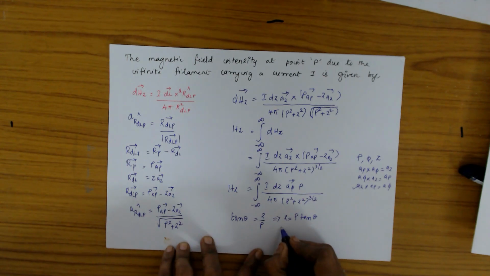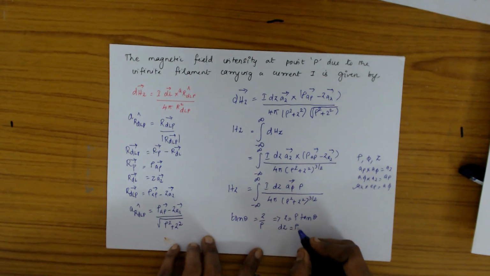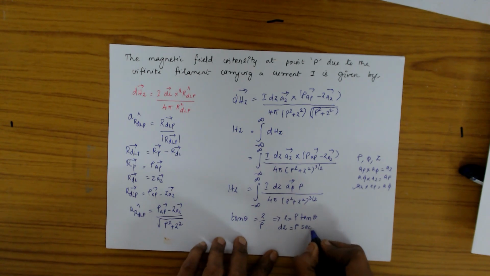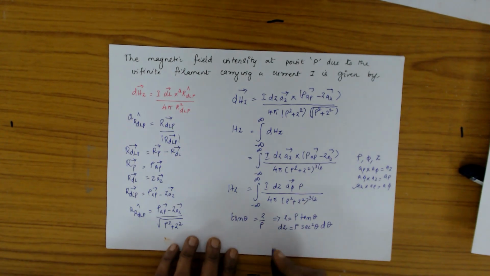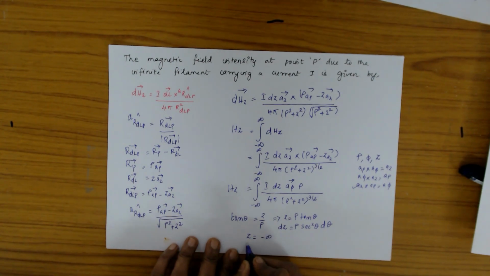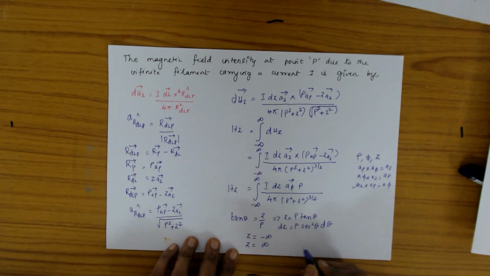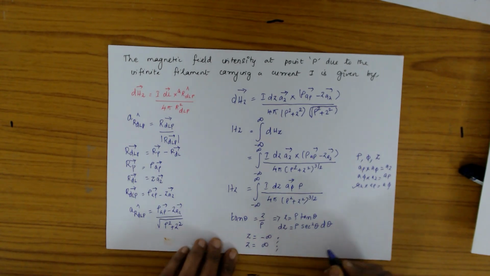And when you differentiate this, you will get dz, where dz is equal to rho into secant square theta into d theta. And we need to change the limits of integration, where z takes up a value minus infinity and z takes up a value plus infinity. So this is to be changed, right?